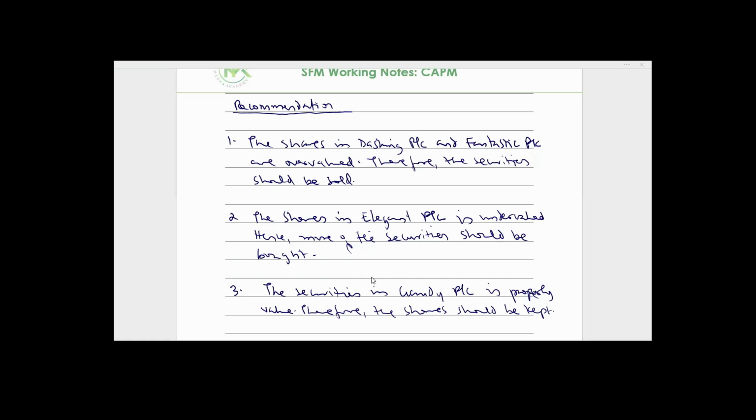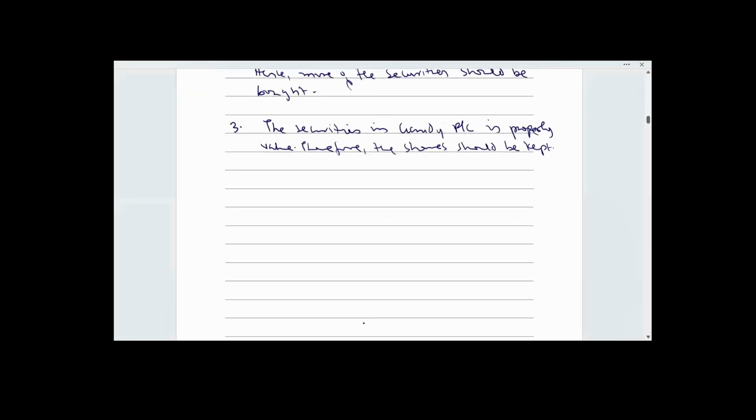To answer this, number C, factors to consider.